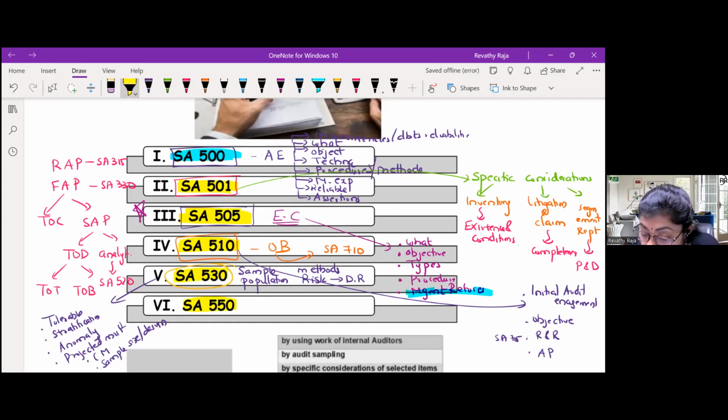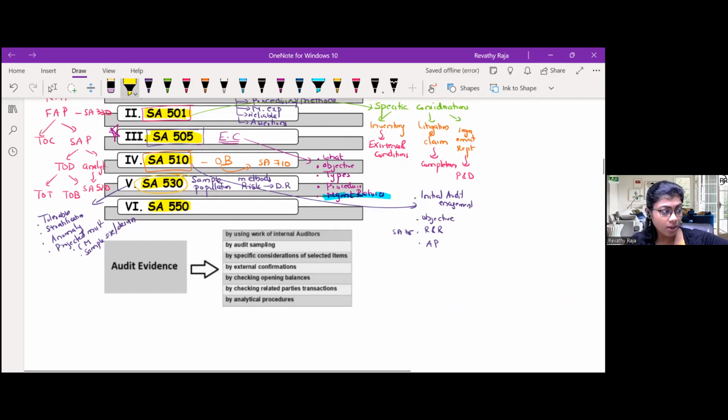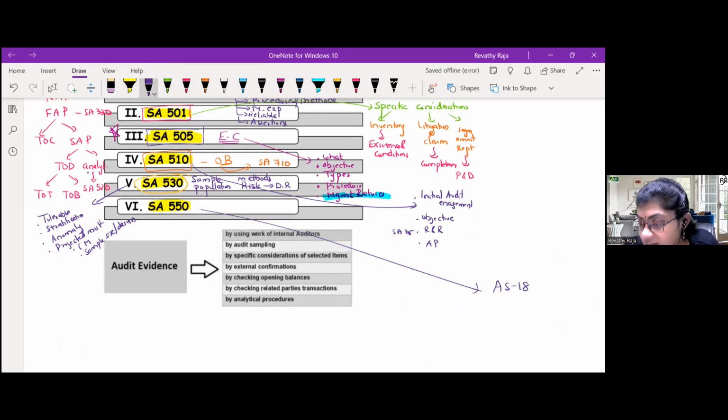Now coming to the last standard in chapter 5, which is regarding related parties. 550 is related parties. Related party, when you hear related party, AS 18. In CARO, 4 clauses are dealing with related party. You know which clauses?